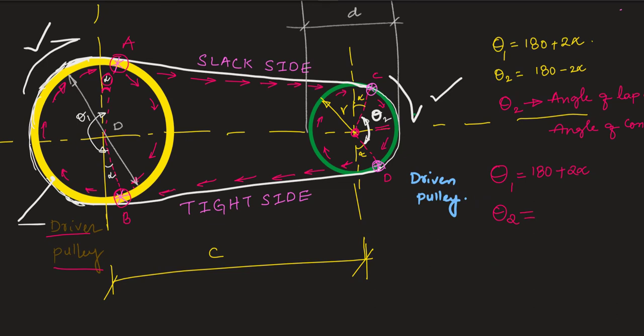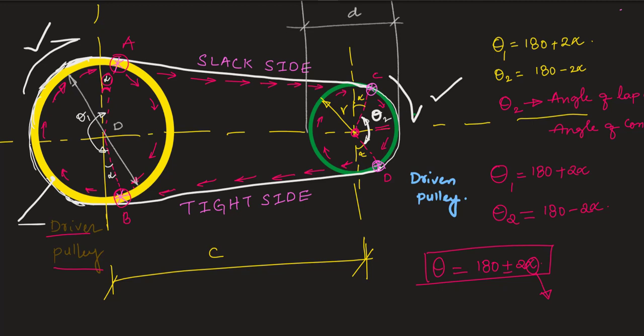Similarly, if theta 2 is the angle of lap for the driven pulley, it is 180 minus 2 alpha. So for the driven pulley it is minus, and for the driver pulley it is plus. A common formula is theta equals 180 plus or minus 2 alpha. This is the formula to calculate the angle of lap.